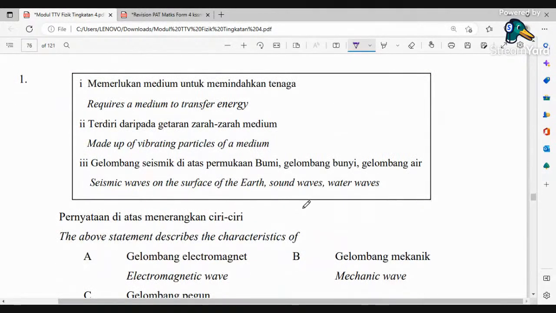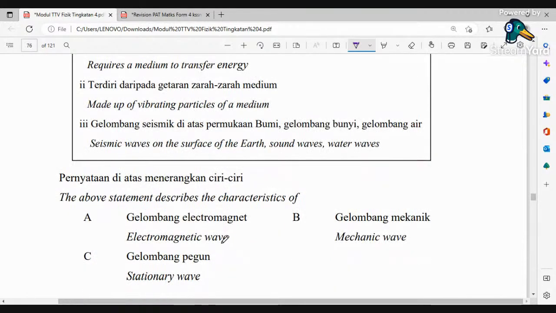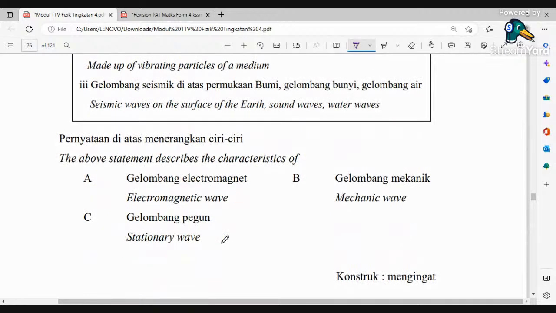The above statement describes the characteristic of what? If you put A, electromagnetic wave does not require a medium to travel. B, mechanical waves. This is of course like water waves, sound waves, or mechanical waves.